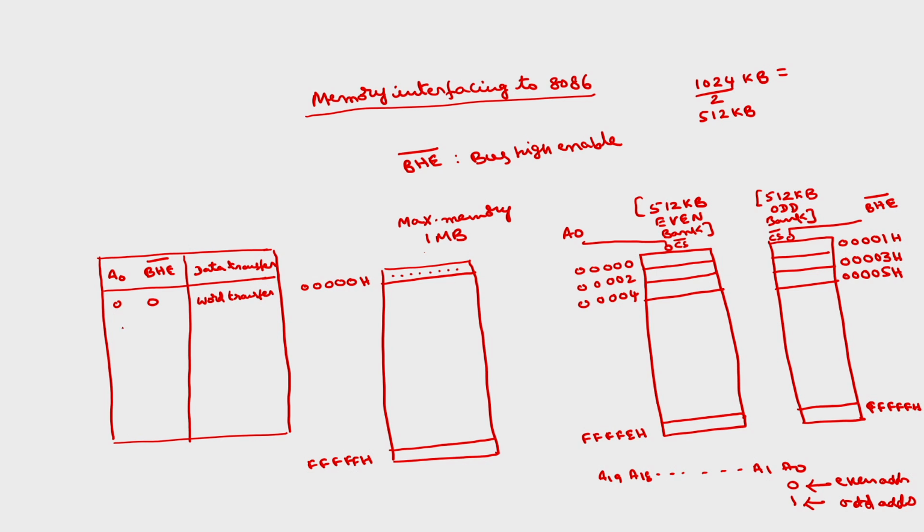If this is 0 1, A0 is 0 means this is the even bank, BHE bar is 1 means bus high enable is not enabled, which is disabled. So, this will be only 1 byte from the even bank.